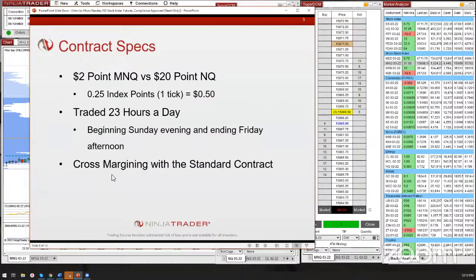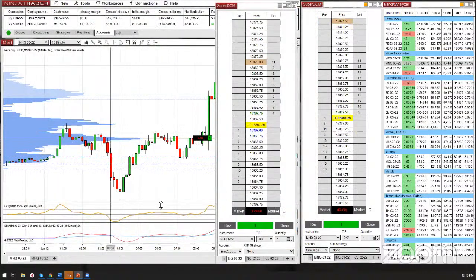And that's good. Cross margining with the standard size contract. We already kind of touched on that a little bit. So as an example, let's do a cross margin here. On the left-hand side, I'm long one classic E-mini. On the right-hand side, what I'm going to do is I'm going to sell 5. So I'm long one contract.